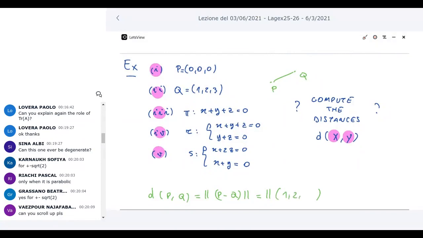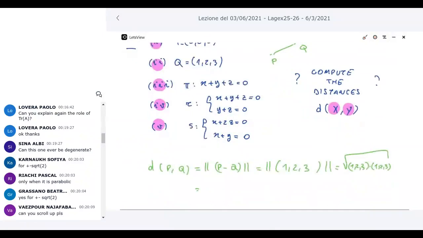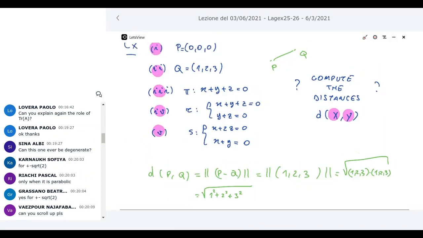Very simple in this situation, because one is just the origin, so it is the square root of the dot product of 1, 2, 3 by itself. And so it is just the square root of 1 square plus 2 square plus 3 square. Okay, nothing to do for this, right?